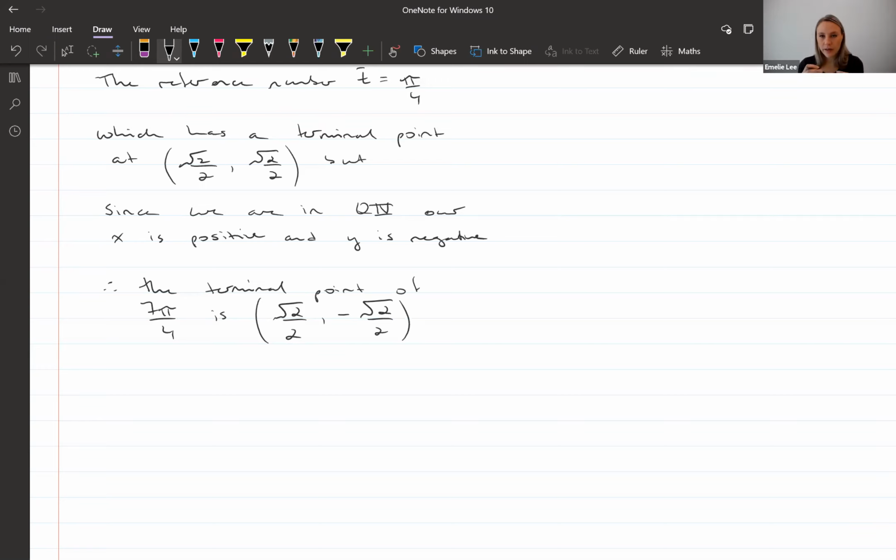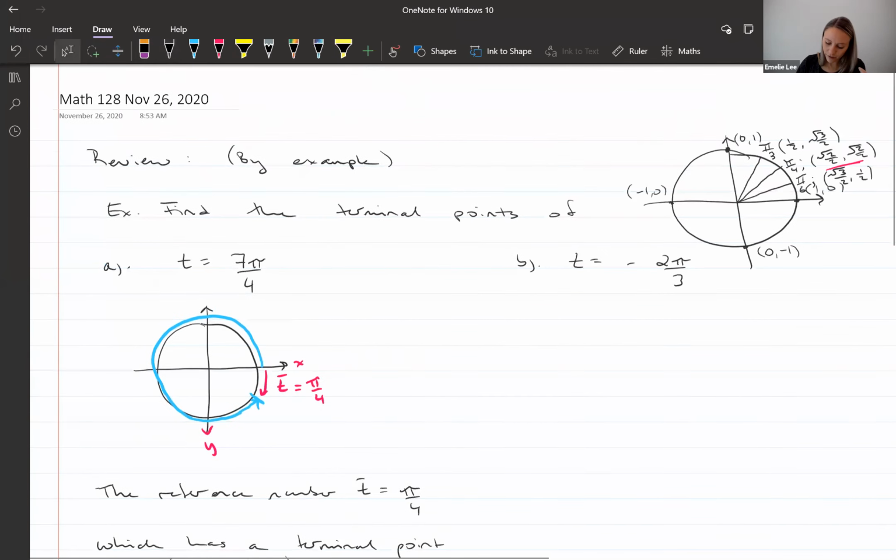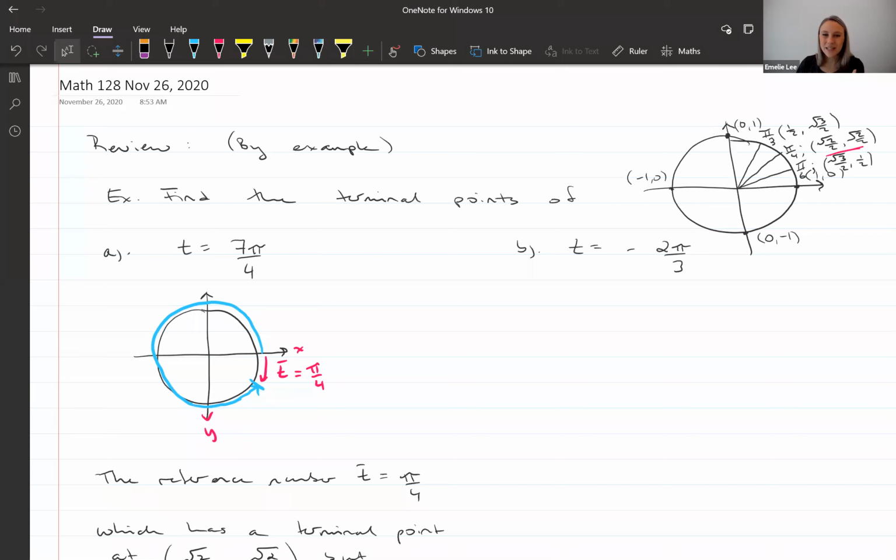So we use all that knowledge about where x is positive and negative and where y is positive and negative, and then we can just use what we know from the first quadrant and apply it to all the other quadrants. So let's do the other one.